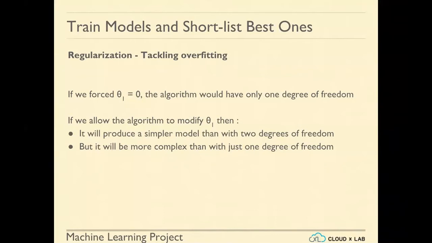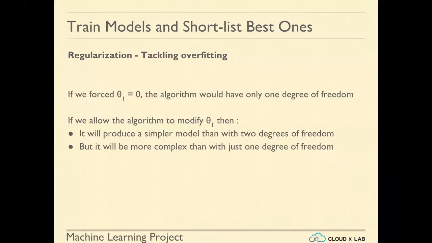So if we allow the algorithm to modify theta 1, which is the slope, it'll produce a simpler model than with two degrees of freedom, but it'll be more complex than with no degrees of freedom.